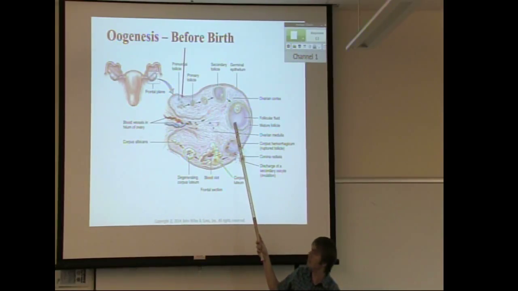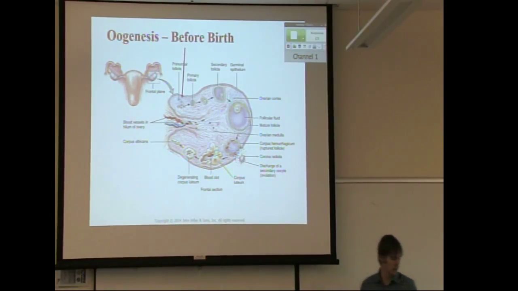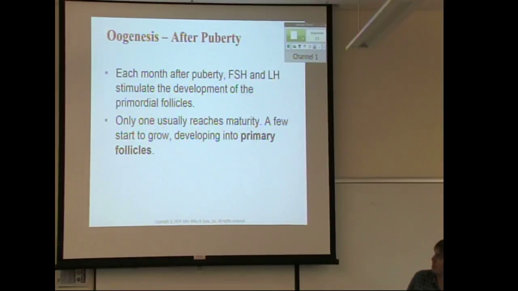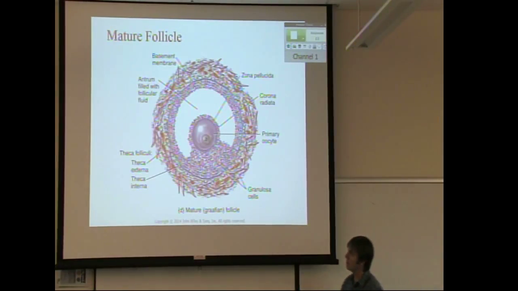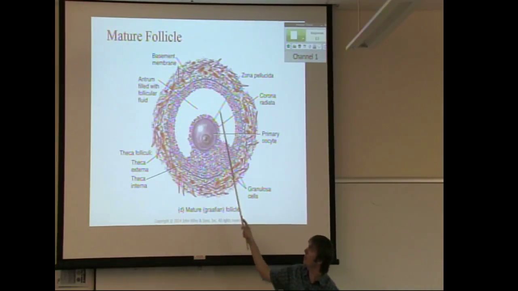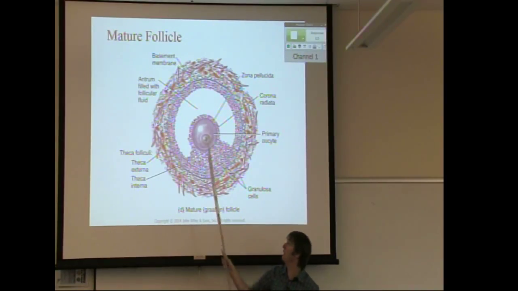And you'll be able to see this under the microscope. It's pretty big. One of the first things you see is kind of this empty space where there are no cells, and that's full of that follicular fluid.